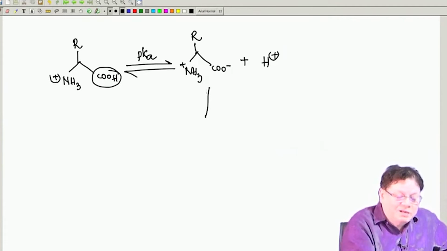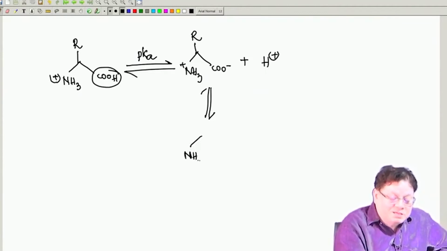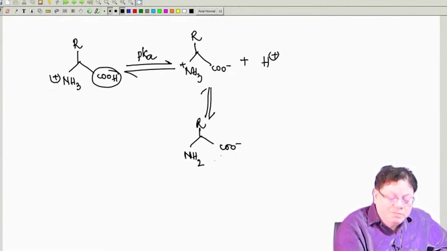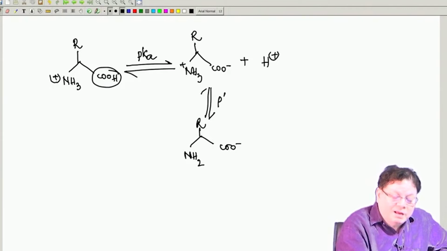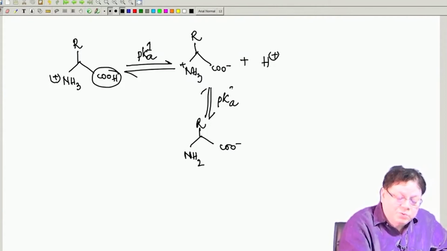Now, if you further increase the pH, then what happens? This NH3 plus will lose the hydrogen and you have a second dissociation, and the second dissociation will have another dissociation constant. So, suppose this is pKa 1 and we call this pKa 2.